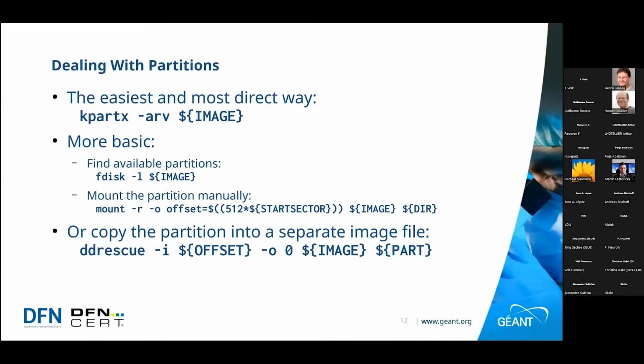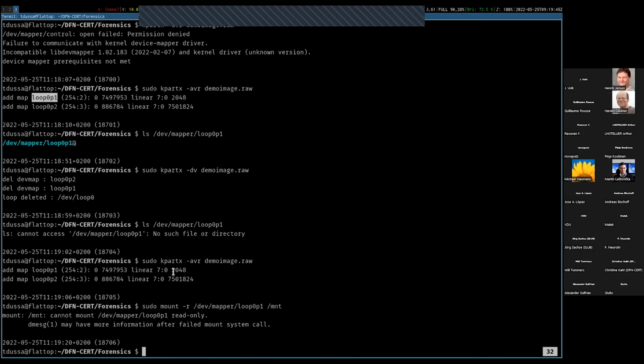More basically, of course, if you prefer, you can not use kpartx, but look at the partitions on this image file by hand, so to speak. So you can run fdisk or sfdisk or cfdisk or whatever, gpart add.